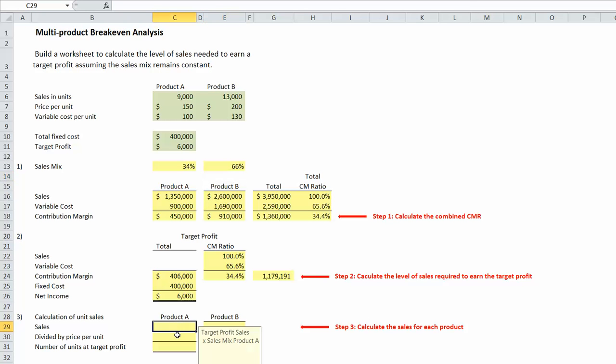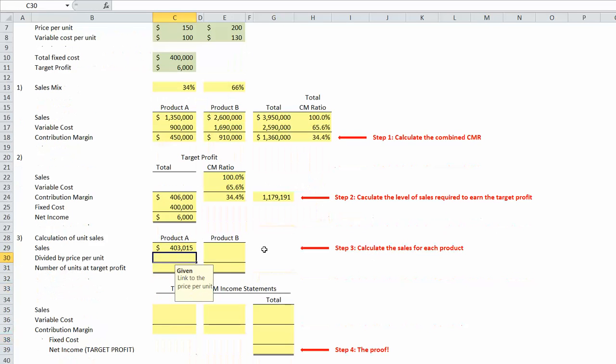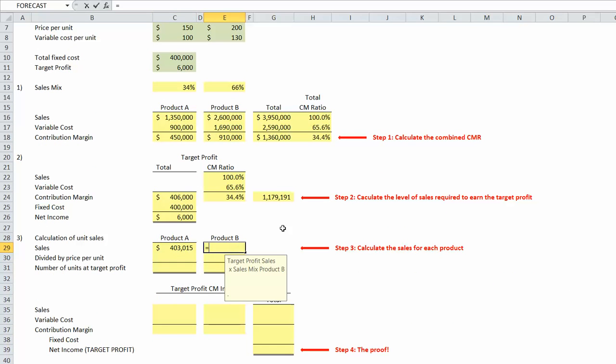So, to calculate the individual sales of each of our products at our target level of sales, we take our target level of sales, multiply it by the 34% sales mix for product A, and for product B, we take the 1,179,000 and multiply it by the 66%.